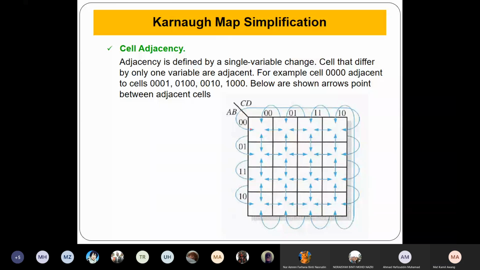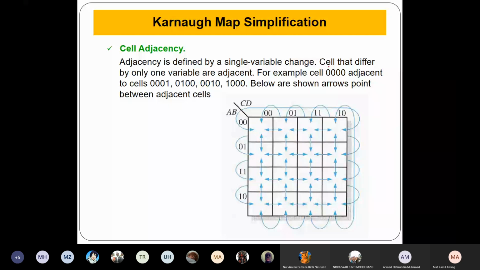So this cell is actually adjacent to this cell, and also to this one. Adjacency is defined by a single variable change. Cells that differ by only one variable are adjacent.